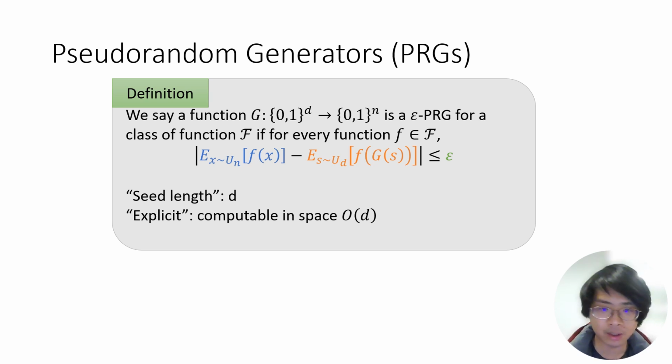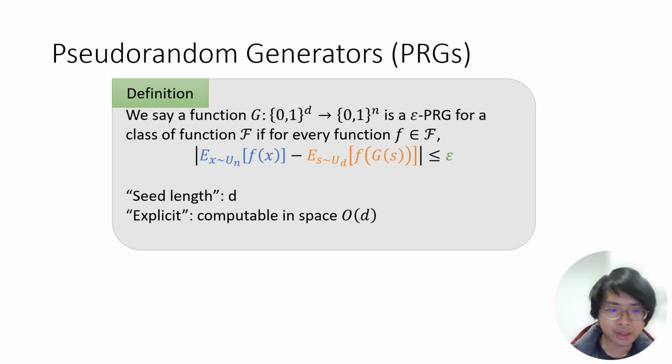Specifically, if we want to approximate the expectation of f on the uniform distribution on n bits, we can simply take a pseudorandom generator, enumerate every possible seed, and take the average of f on the output of g on the seed.